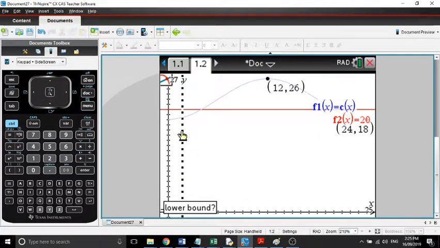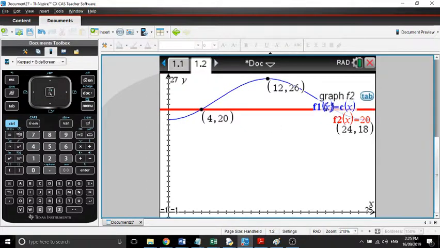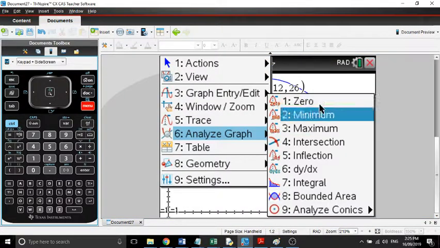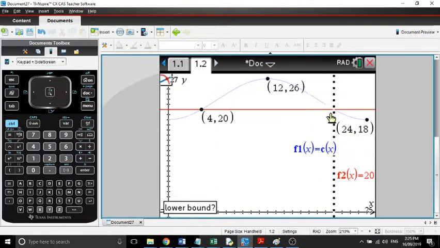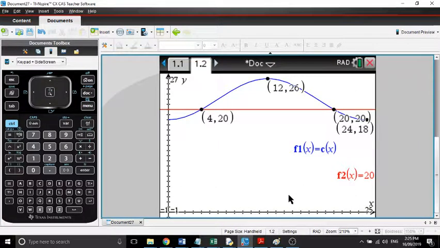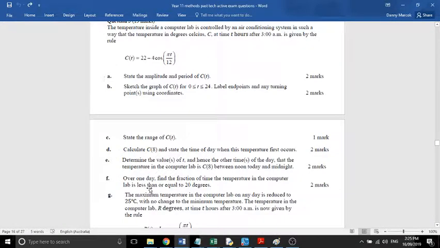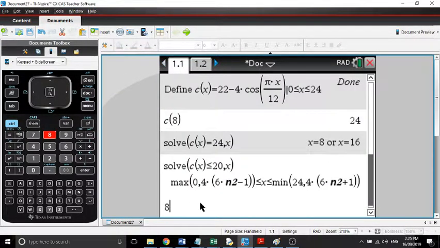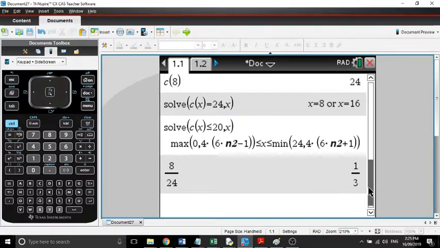Menu, analyze graph, intersection. It happens after 4 hours, and then again in the last 4 hours. So it spends 4 hours here and 4 hours here, altogether 8. Over 1 day, the fraction of time is 8 over 24, which simplifies to a third.